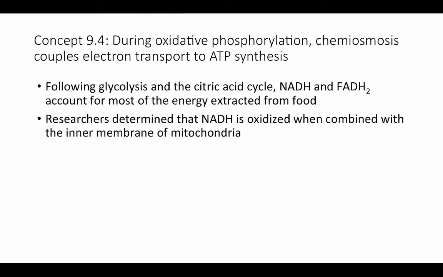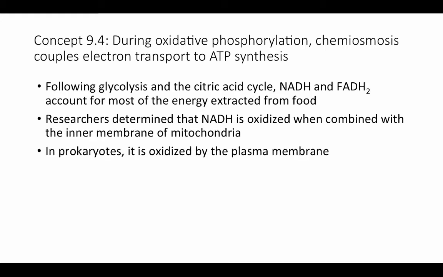Back when this was first being investigated, researchers determined that NADH is oxidized when combined with the inner membrane of mitochondria in eukaryotic organisms. In prokaryotes, it's oxidized if it is put in solution with a plasma membrane. So we know that it's something about these membranes themselves, things embedded in the membrane, that's going to cause this oxidation of these carrier molecules back to their oxidized form, NAD plus and FAD.